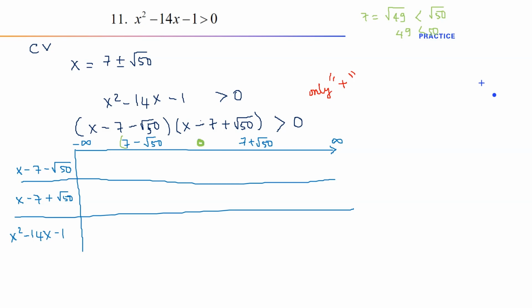So at these values, this one will equal 0, and this will equal 0. This one equals 0, this one equals 0. Now we can test, right? So we use 0 in between, and like I said, I like to use like negative 100 or 1000 because it doesn't matter how much, it will be a big number, right?